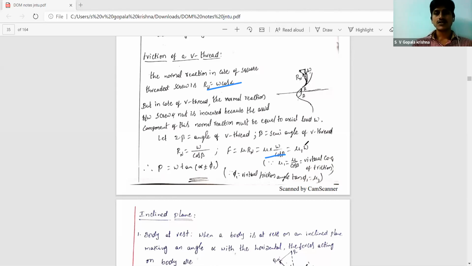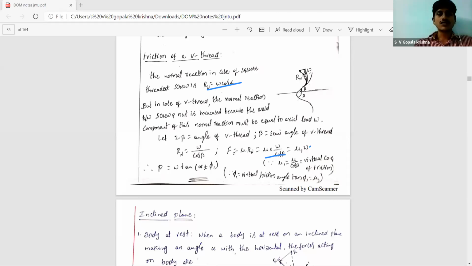So when they are considered here, that is similarly written as mu1 W. Why do they write mu1 W? Because mu1 is also indicated here. Mu1 is also assumed to be mu by cos beta. Mu by cos beta. So that is a virtual coefficient of friction. That is a virtual coefficient of friction.